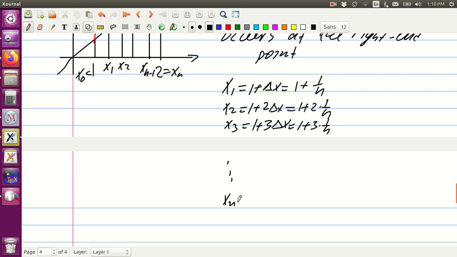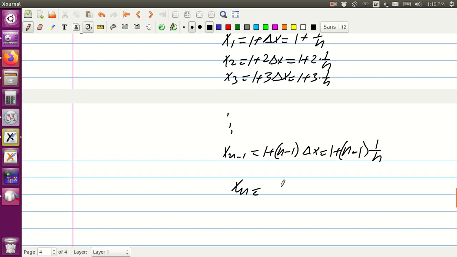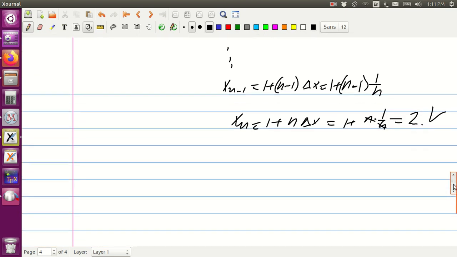And x sub n minus 1 is 1 plus n minus 1 times delta x, which is 1 plus n minus 1 times 1 over n. All right, and obviously x sub n is 1 plus n times delta x, which is 1 plus n times 1 over n, which is 1 plus 1, which is 2. So check mark, everything we've done is right.